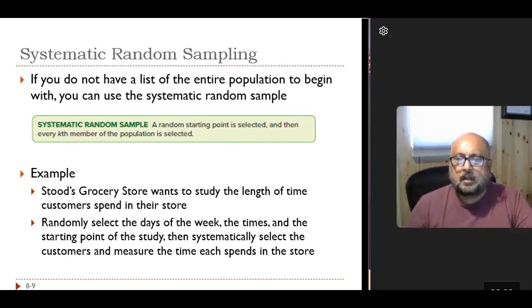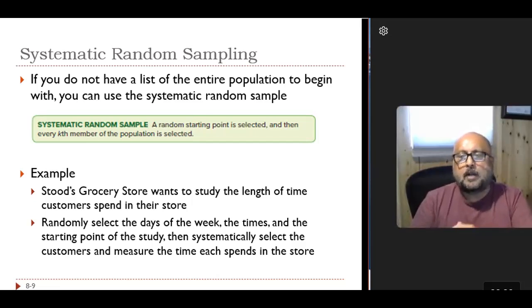Then you can write the 4 times and 4 days on pieces of paper and put them in 2 baskets. One basket for the days, the other one for the times of the day. Then select one paper slip from each of those baskets.